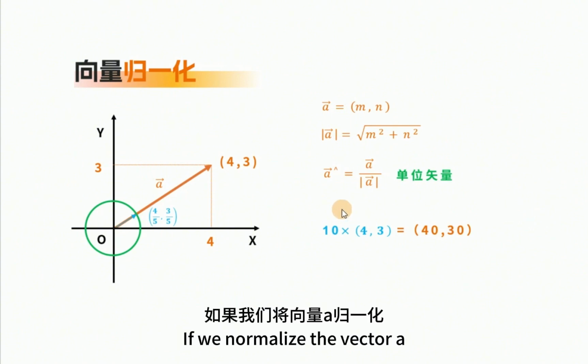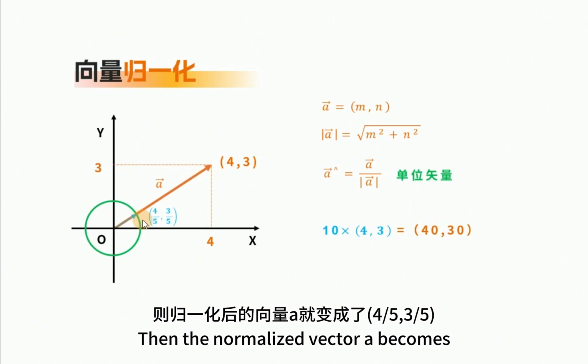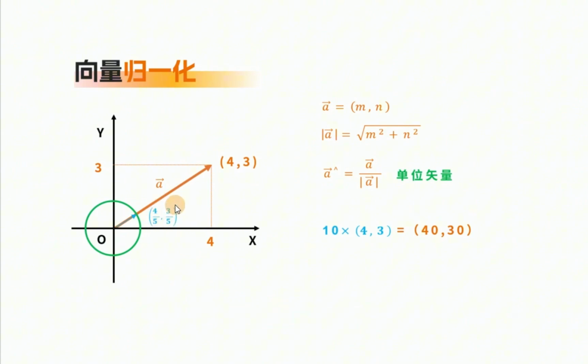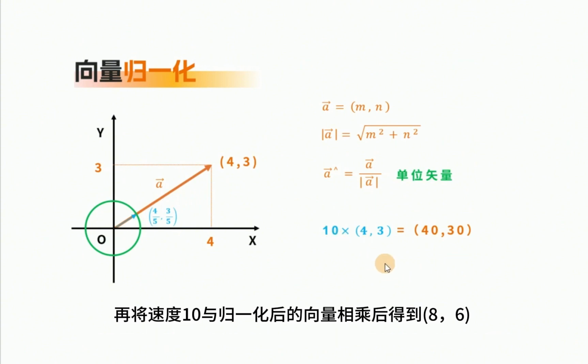If we normalize the vector A, then the normalized vector A becomes (4/5, 3/5). Then multiply the speed 10 by the normalized vector to get the value.